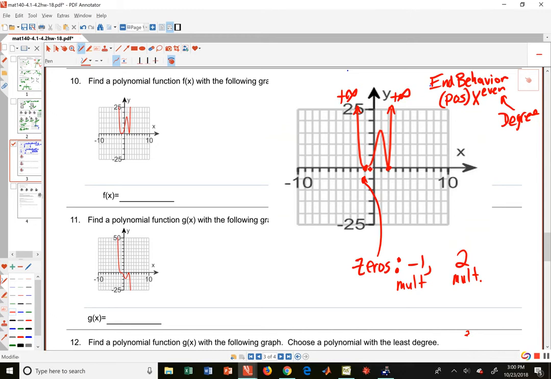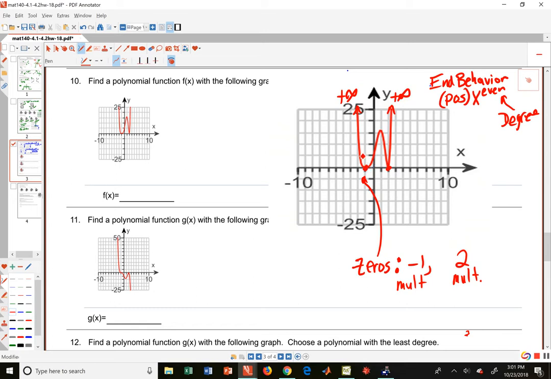In this case, because this bounces off the axis, that suggests an even multiplicity. Now this could be a quadratic multiplicity 2 bounce, but if you look at this one over here, this is much sharper than the other one over here.